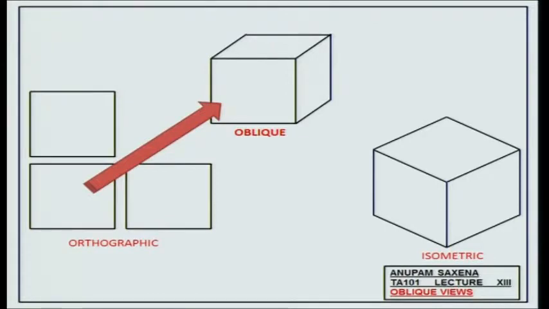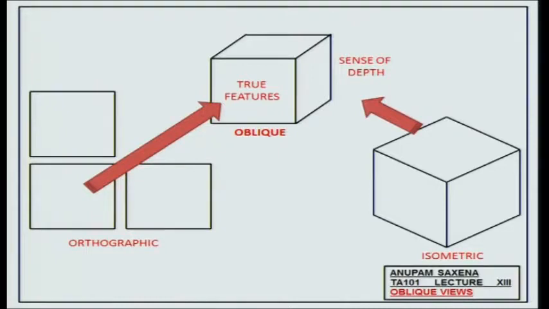So it's a nice blend of both. Of course, when I say it's a nice blend, I get to see true features in a single view, and I also get to see the sense of depth in this.